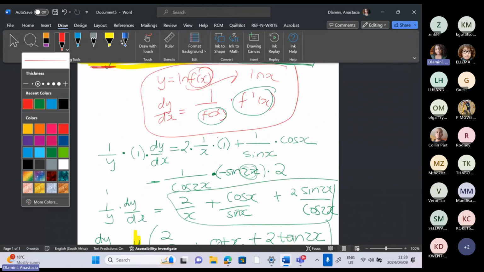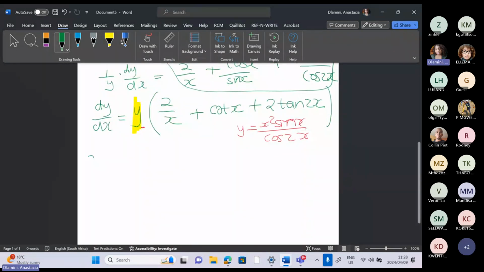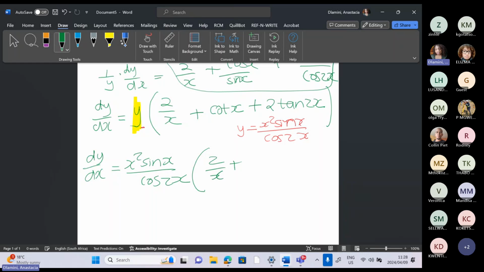Therefore, your dy over dx is equal to x squared sine of x over cos of 2x, times 2 over x plus cot of x plus 2 tan 2x. Are we all together? Yes, ma'am. Thank you.